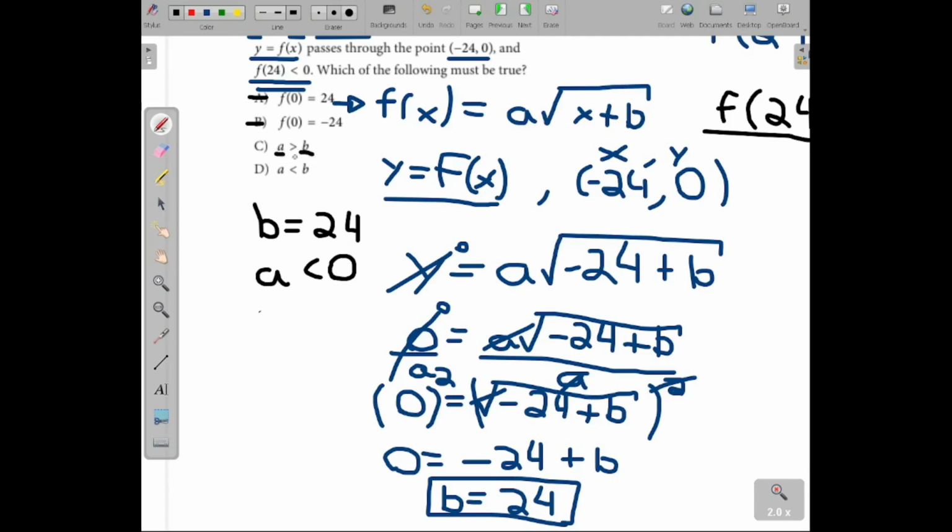Is a greater than b? No, because a is a negative number and b is 24. So 24 is greater than a. C cannot be the answer, therefore the right answer is D. A is less than B.